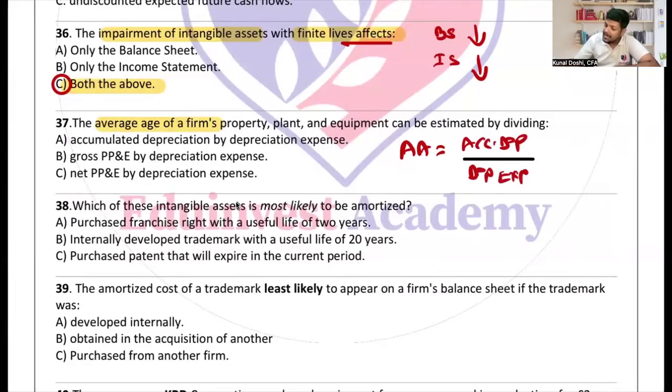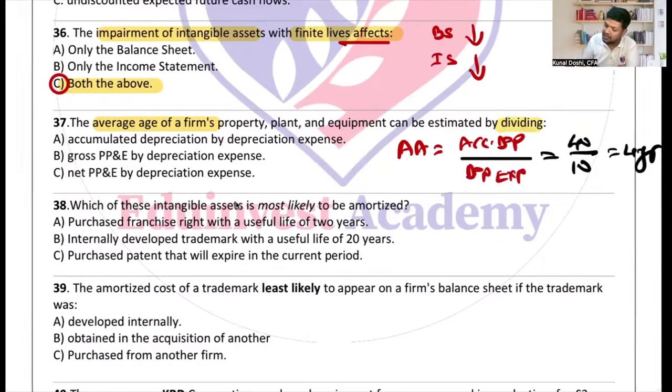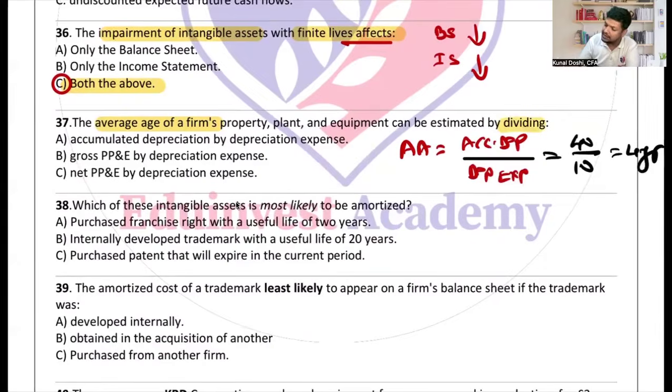For example, let's say till date I've depreciated 40,000 and every year there is 10,000 depreciation. So basically my average age of the asset is 4 years. So here the question is, it can be estimated by dividing the accumulated depreciation by depreciation expense. So the answer is pretty easy. A.